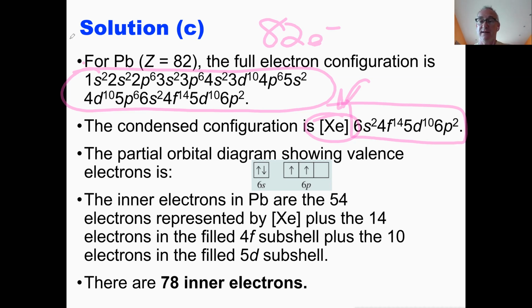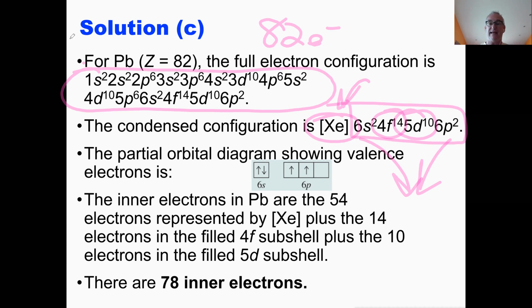And so notice that F is completely filled. This D is completely filled. And so we don't include them. So the electrons in the outermost shell are the S and the P of the 6 level, because the lower levels F and D are totally filled.